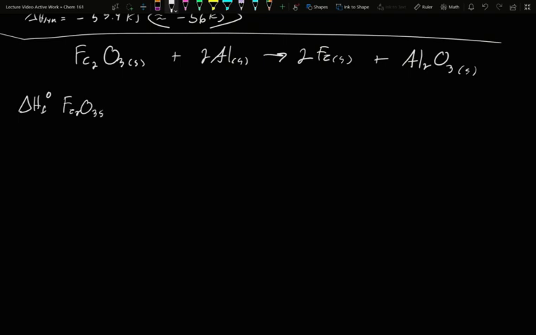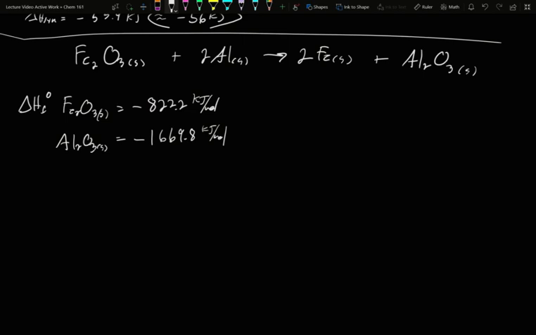Fe2O3 solid is negative 822.2 kilojoules per mole. And for Al2O3 solid, it is negative 1,669.8 kilojoules per mole. And those are the only two we need.